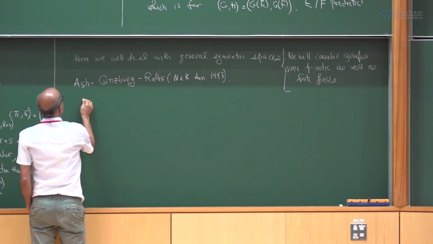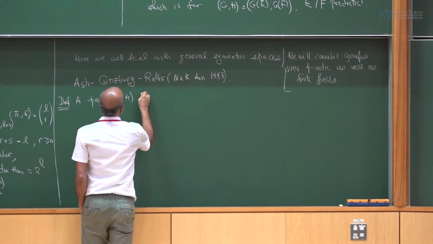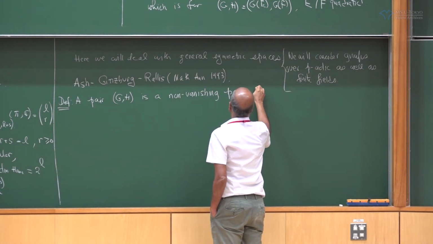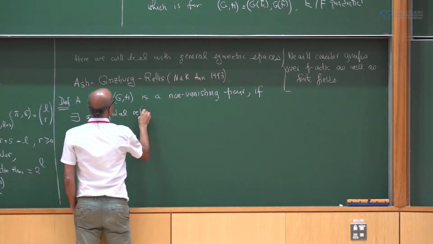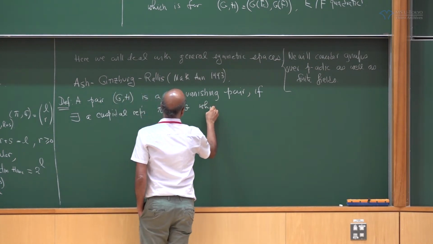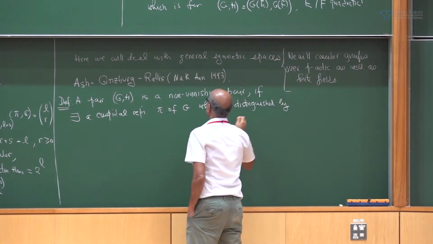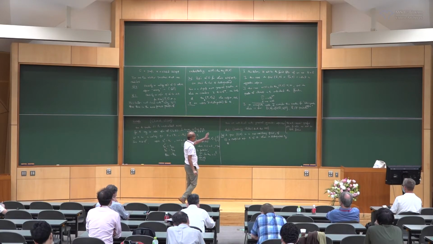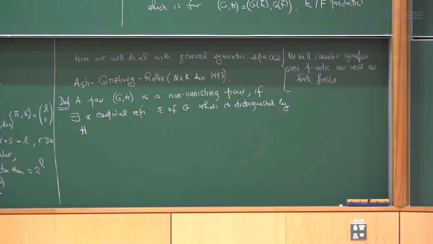This notion, okay, so they make a definition: a pair G comma H is a non-vanishing pair if there exists a cuspidal representation pi of G which is distinguished by H. So they study this mostly in the context of automorphic representations, but this question makes very good sense both for automorphic forms as well as for groups over p-adic fields and for finite fields.